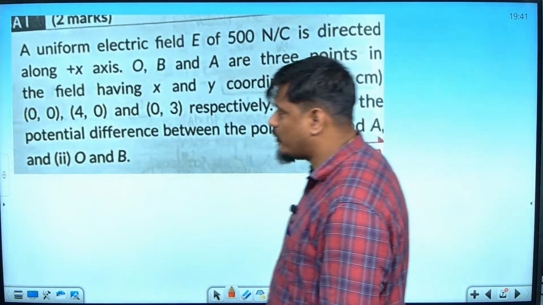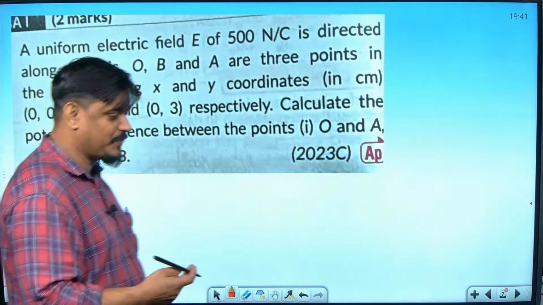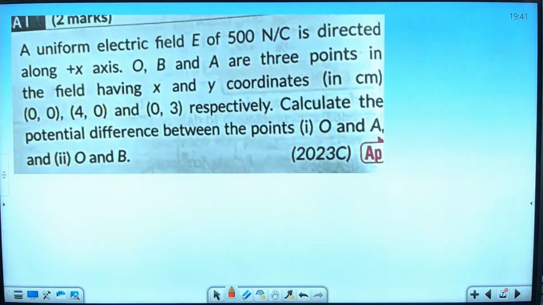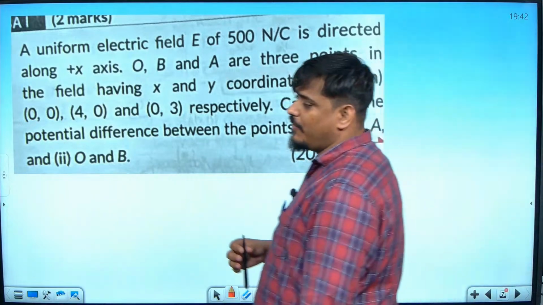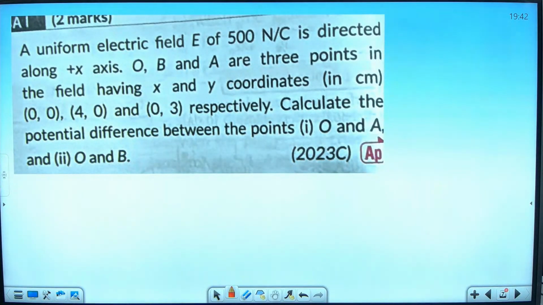At least, I have a 2-mark question this is. 2 marks once again, in last year's compartment paper. This question was there last year. Again a very good question. Try. A uniform electric field E of 500 Newton per Coulomb is directed along positive x-axis.